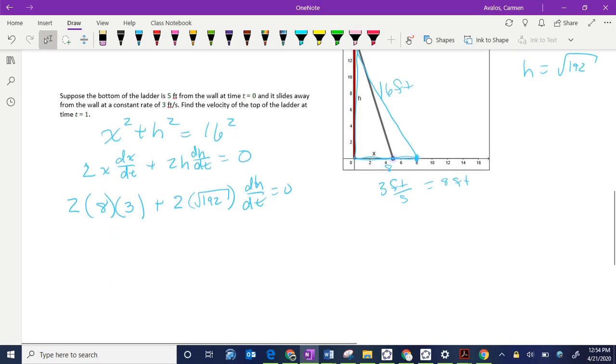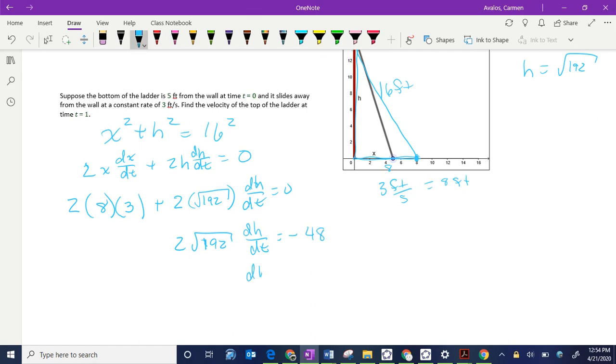And so what you do is you move this over. Notice how this is positive. So when I move it over, it's going to be negative. So I'm going to have 2 square root of 192 dh/dt equals negative 48, which makes sense.